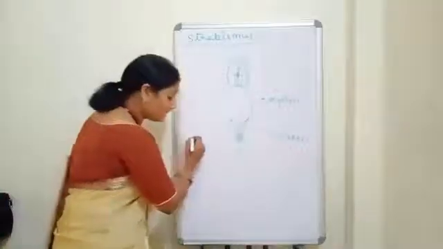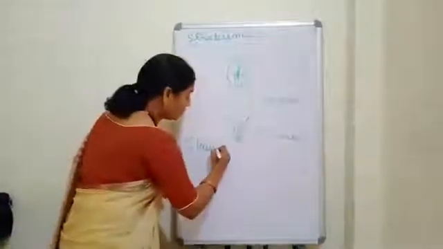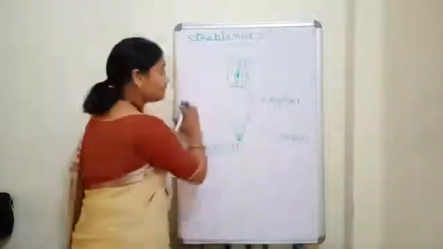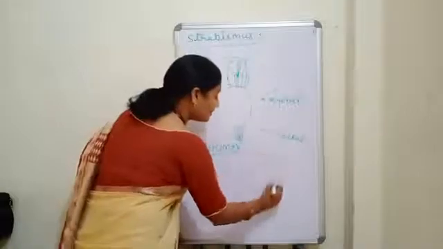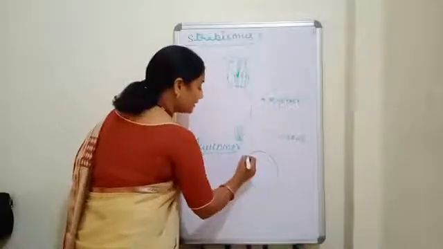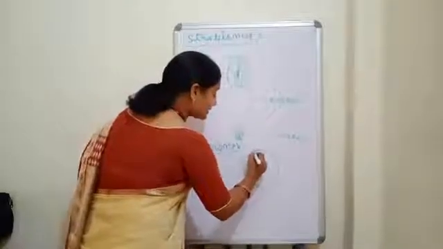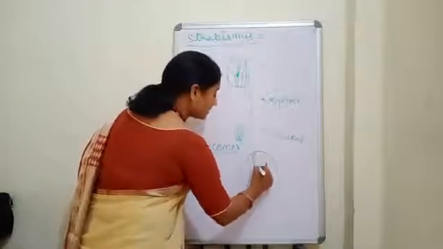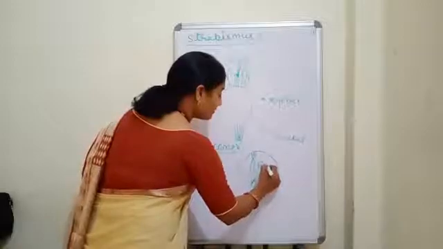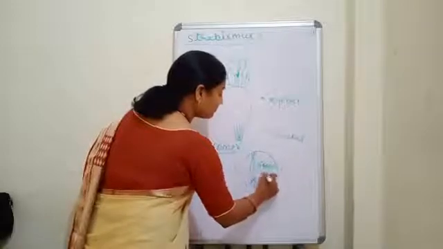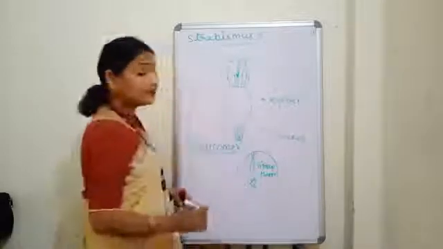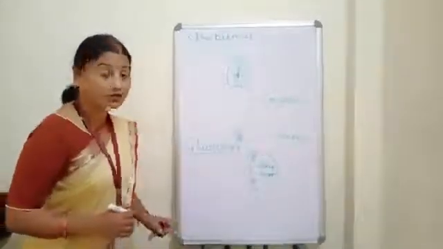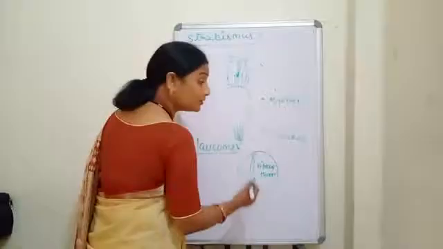The next one is glaucoma. And how does it happen, children? When in the eyeball there is excess secretion of vitreous humor. Now just imagine, if there is excess secretion of the vitreous humor, then what will happen to the eye?